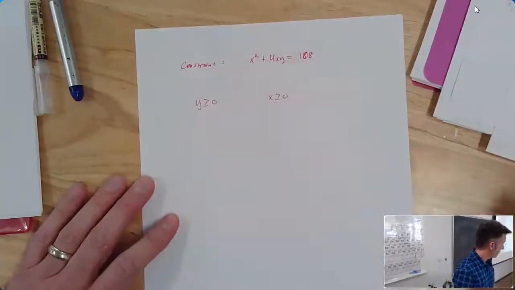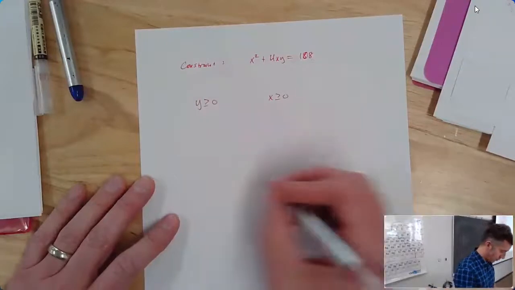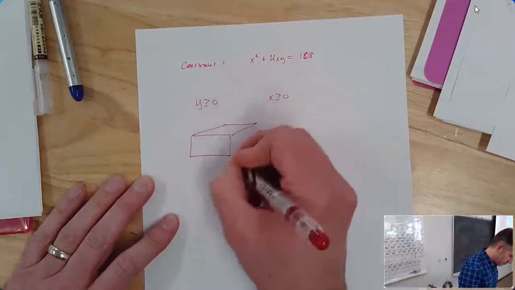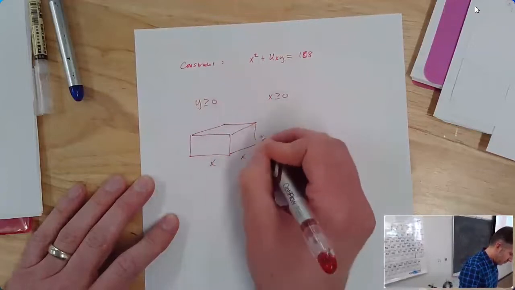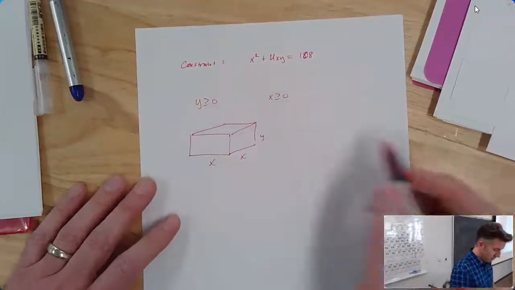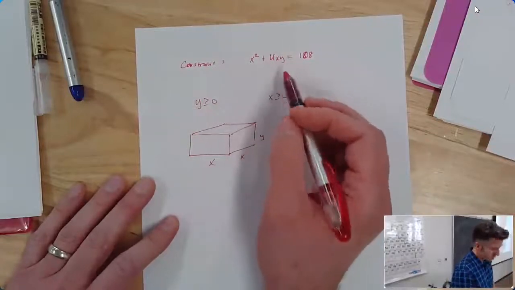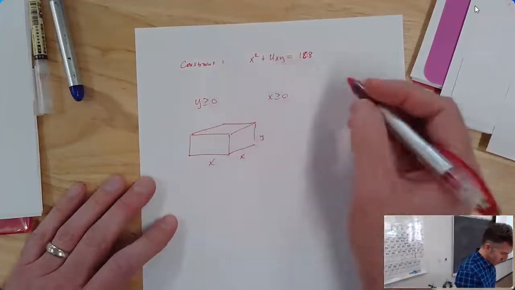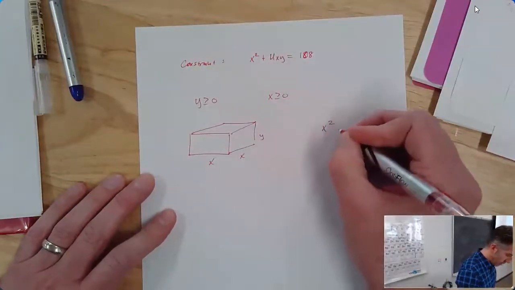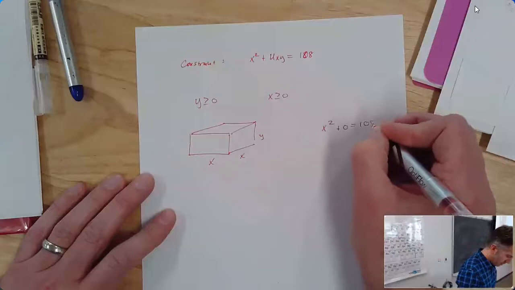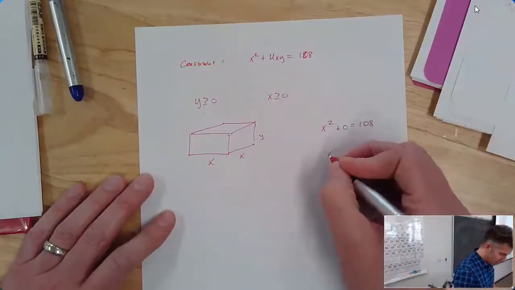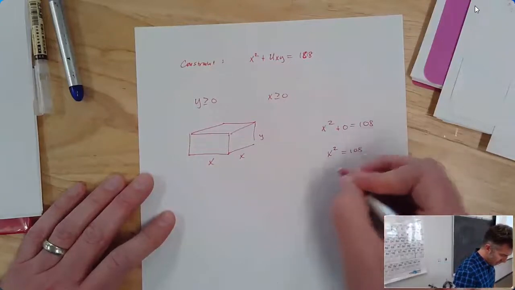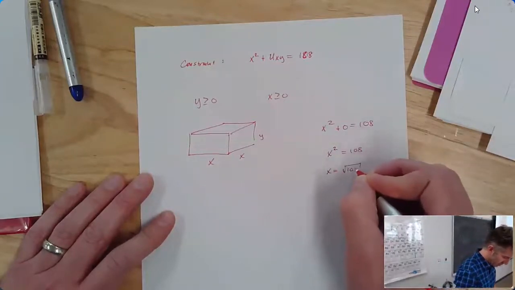So both of these are non-negative, and this number is also non-negative. So at the most, X squared plus 0 is 108. That means X squared equal to 108 gives me X equal to the square root of 108.